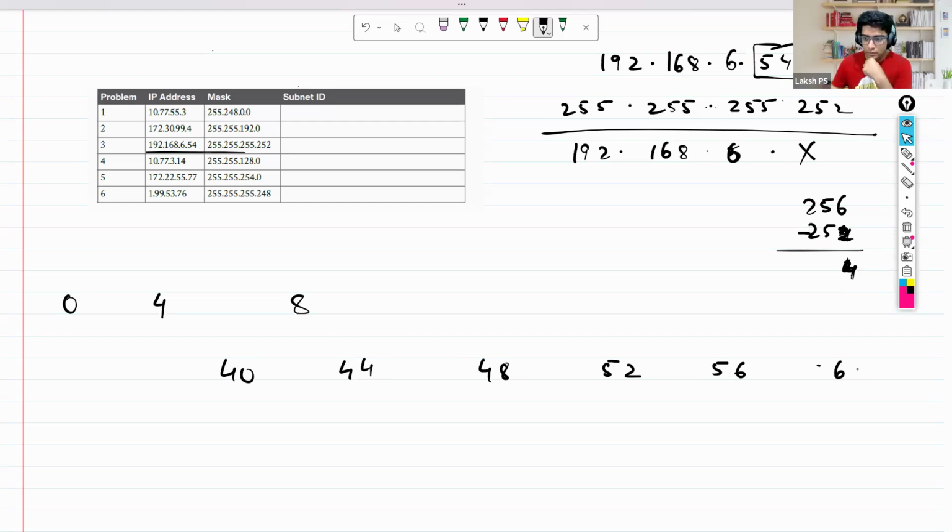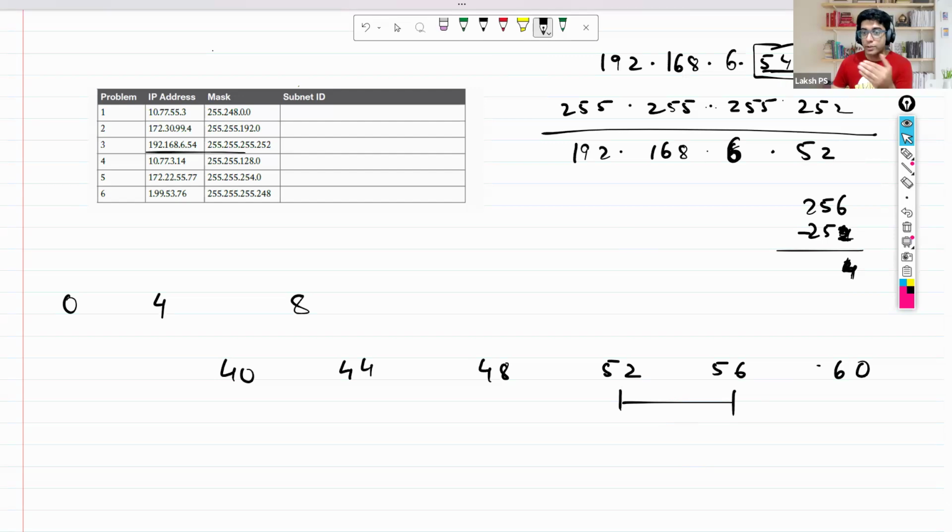Now 54 is between these two numbers. So 52 is the lesser number between 52 and 56, so this will become the network ID, or the subnet ID, for this particular IP address.